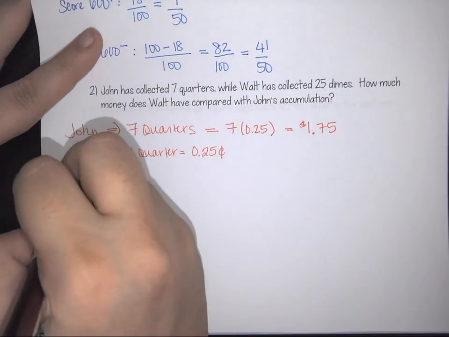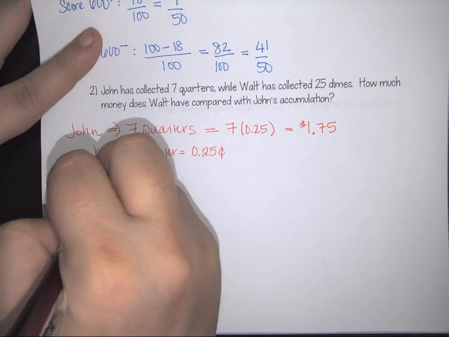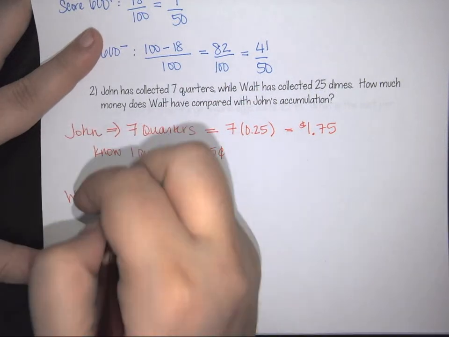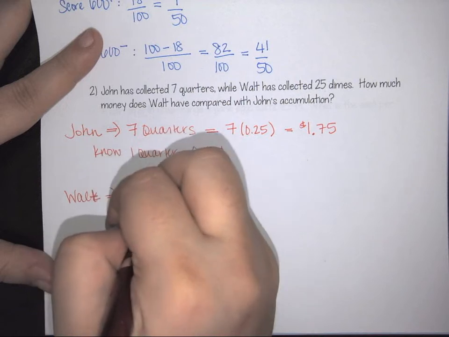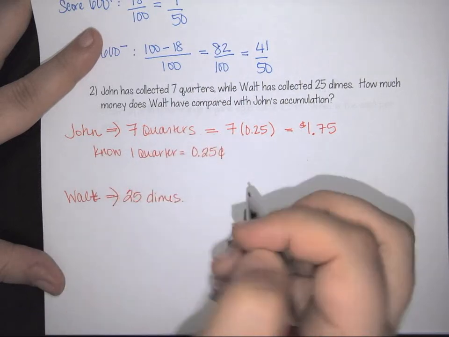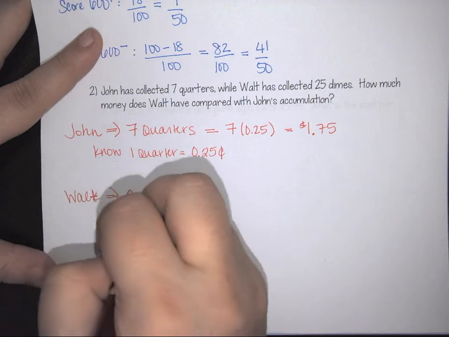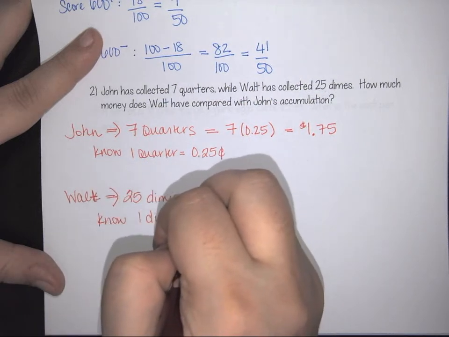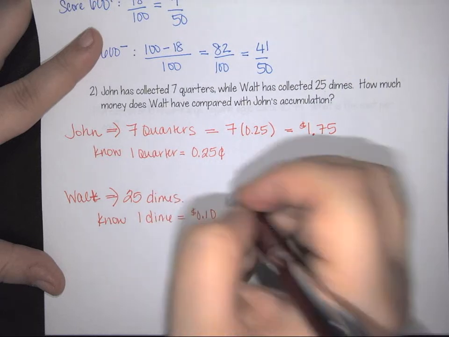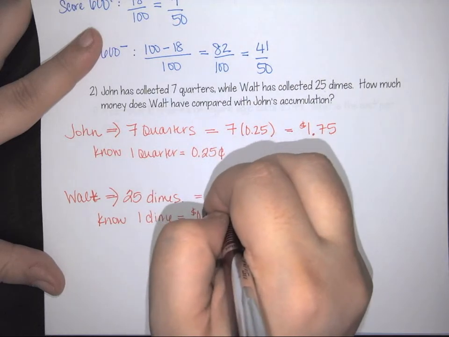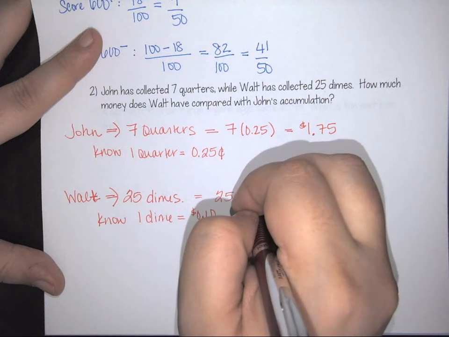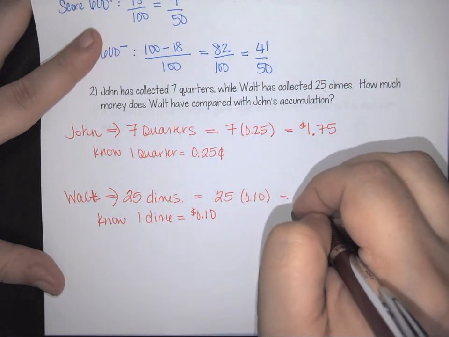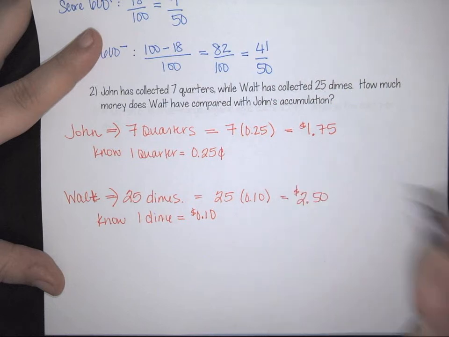And then we need to know Walt. Walt has collected 25 dimes. Again, we know that 1 dime equals 10 cents. So I have 25 dimes times my 10 cents is going to give me $2.50.